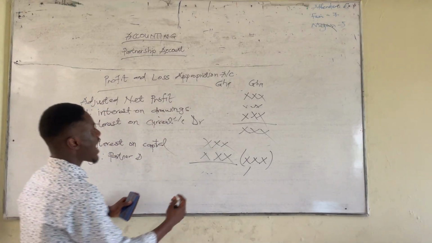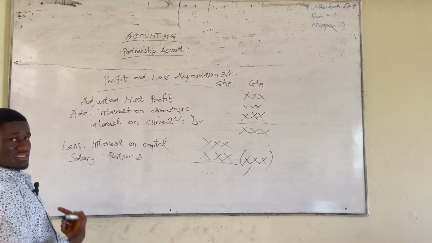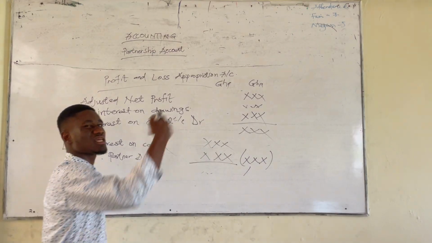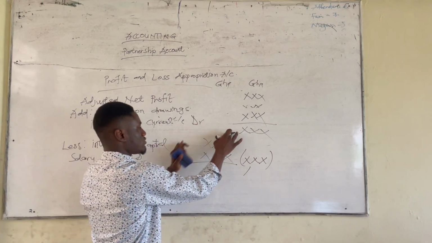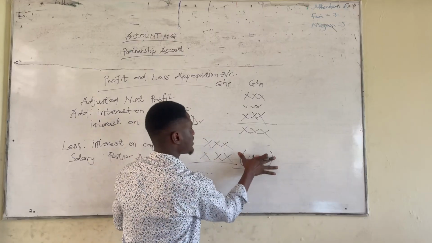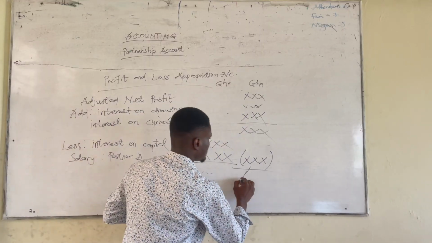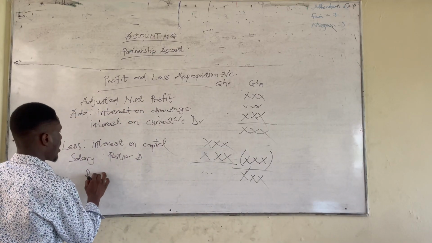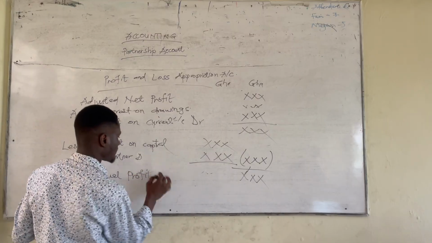So if you also have any item that you, the partner, are going to receive as a result of the amount you contributed into the business, those items will be recorded here and added together. You bring them here, you deduct them from the items listed here, then you get your residual profit.